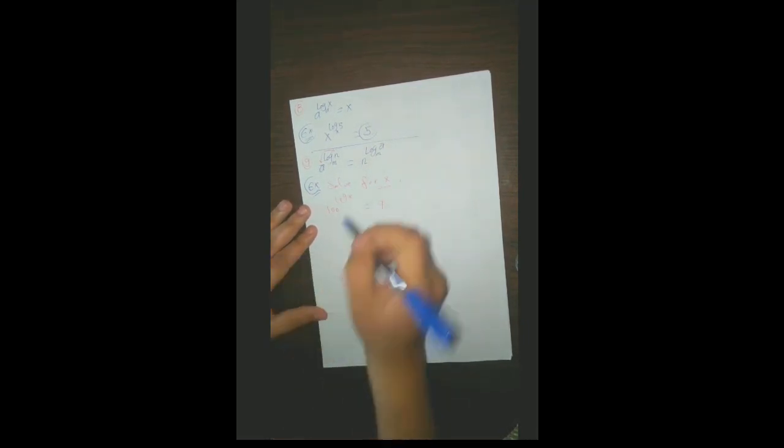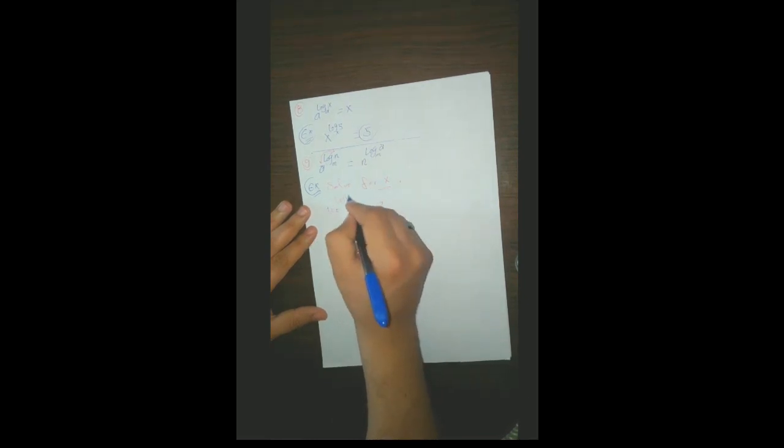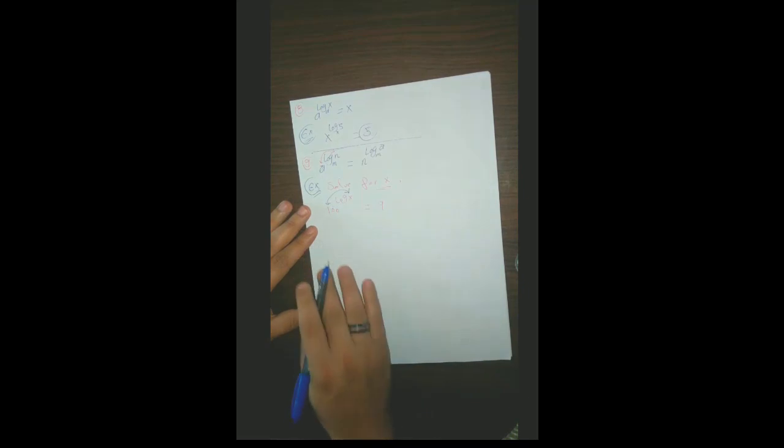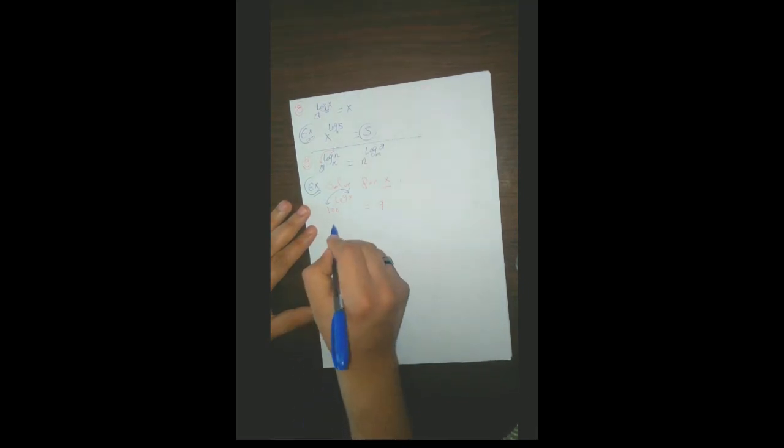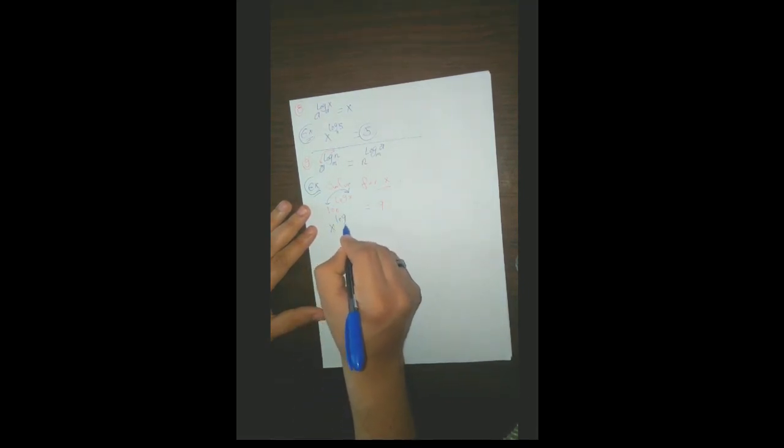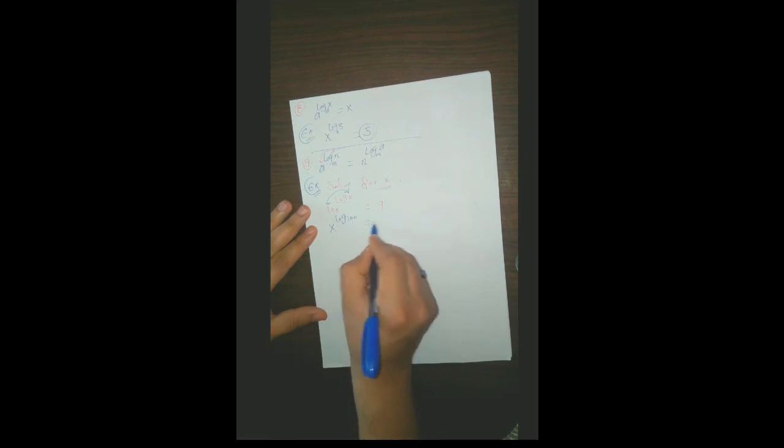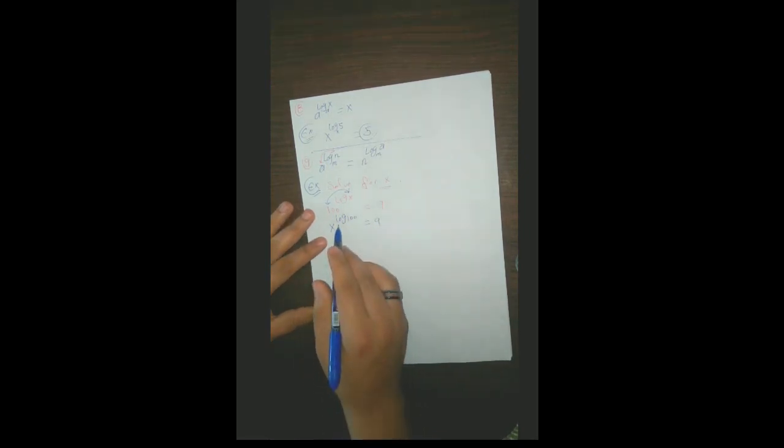By using this technique, I'm going to interchange the position of 100 and x directly. Then here we have x to the power log 100 is equal to 9. And this log 100 is equal to 2.